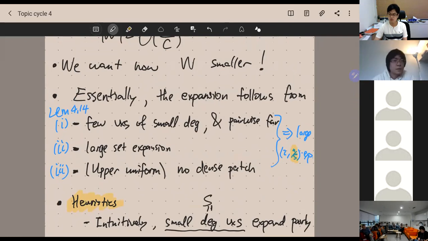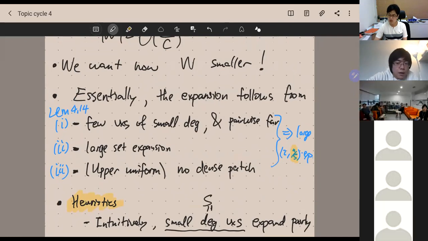I have one question. How can you show that pseudorandom graphs satisfy the condition of the lemma? Is it easy? Yes, I think that's quite standard to check. I will show it next week, just quickly.